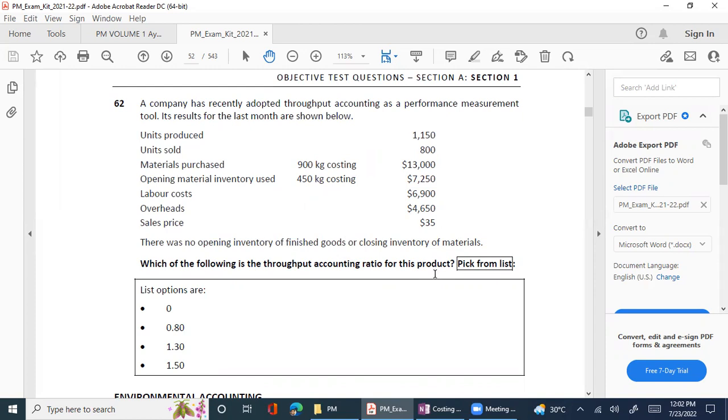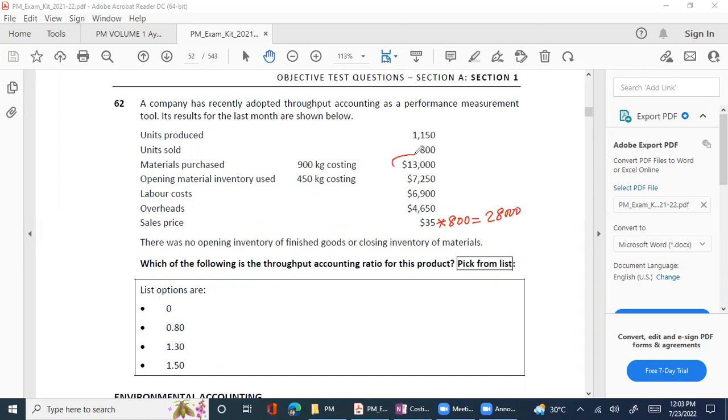So in order to calculate the throughput accounting ratio, you will calculate the throughput. As the costs are given in total, we will convert the price into revenue. 800 units are sold, so our total revenue will be how much? 35 into 800 will give us the revenue figure, 28,000.